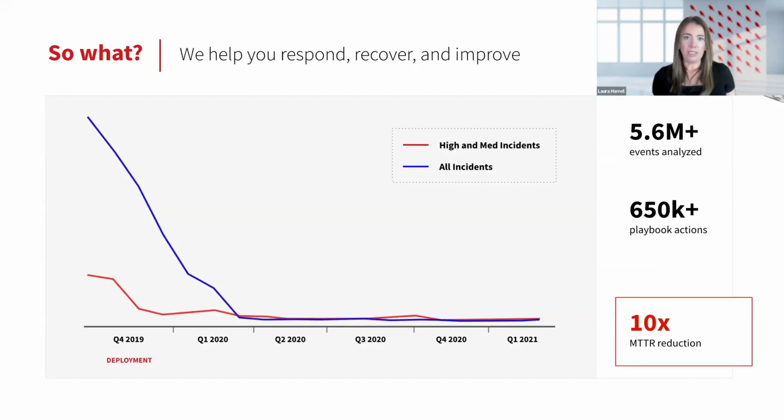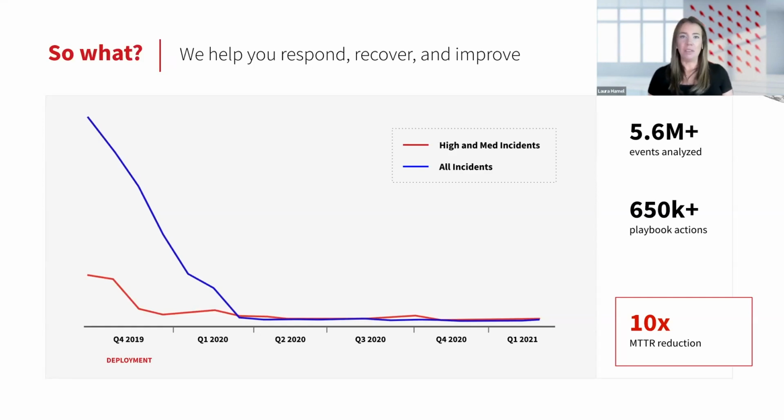So this is a representation of one of the largest organizations on the planet. I can't say their name, but I'm sure you use their services almost every day. And it really shows the impact of Red Canary. So the CISO here was new to the company, and he went and took a look at their mean time to respond. And he noticed that it was absolutely way too high.